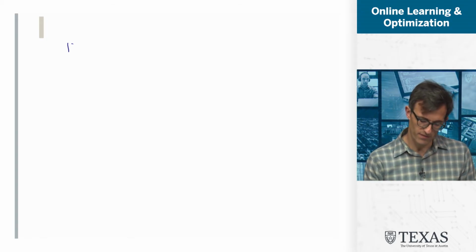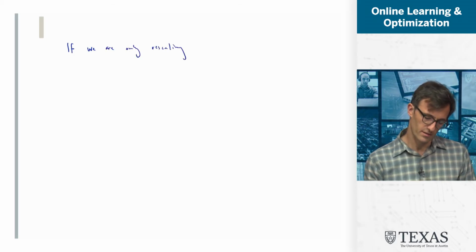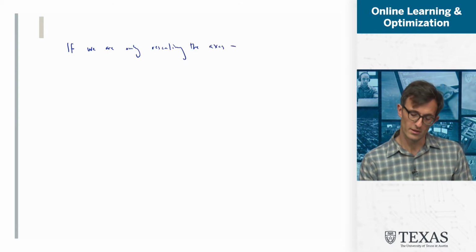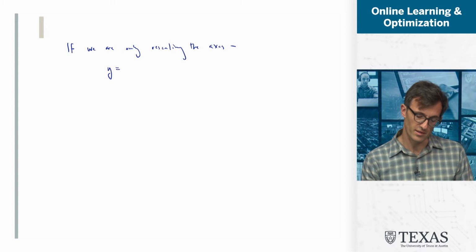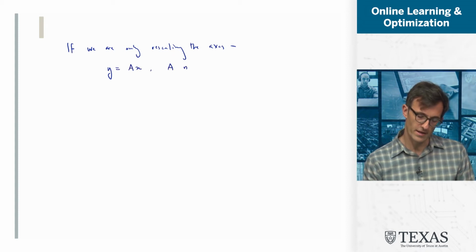So if we are only rescaling the axes, what does this linear transformation look like? Remember, our general linear transformation is y equals Ax for A, an n by n symmetric matrix.